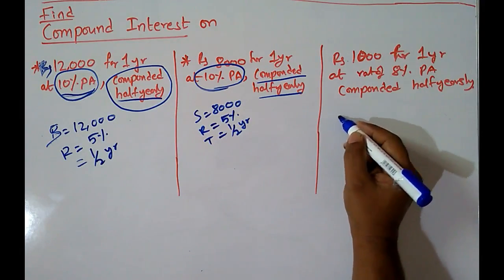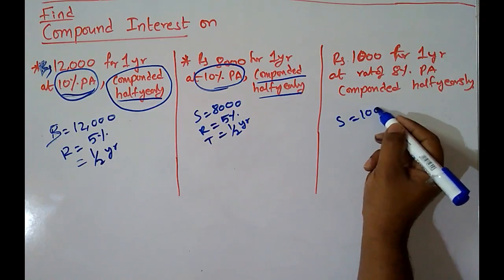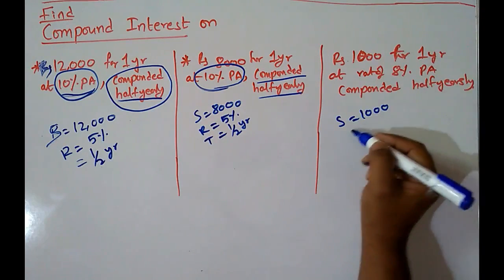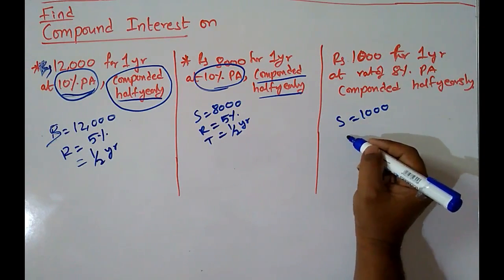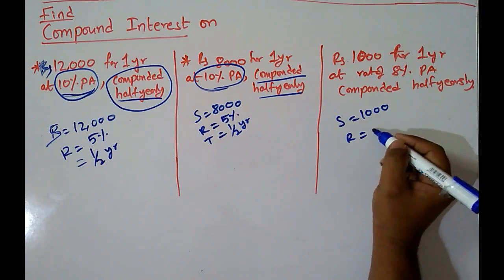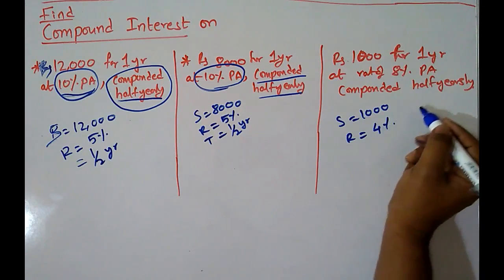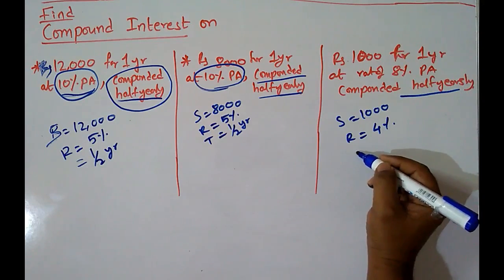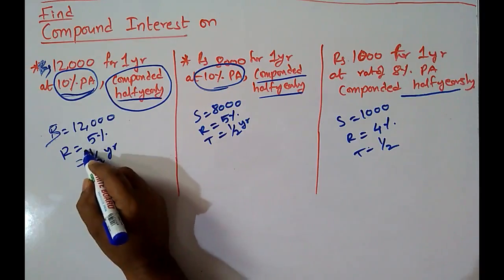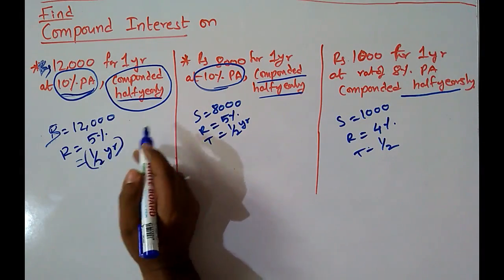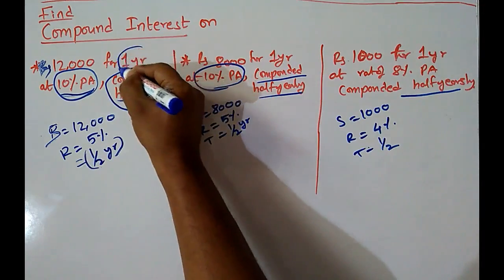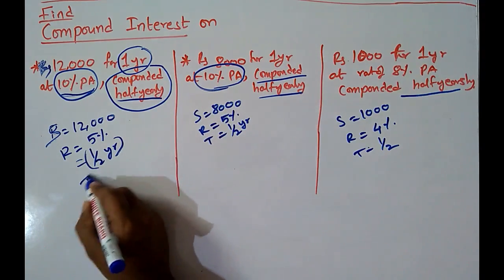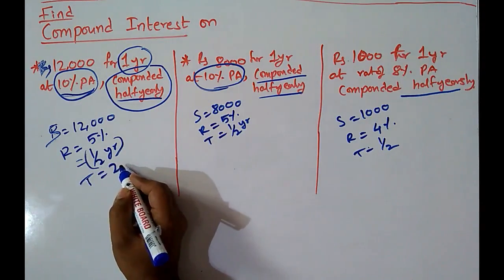The same way here the sum is 1000 for 1 year, the rate of interest is 8%, but you have to take it as 4% because it is compounded half yearly. Half yearly you are going to find, see, in 1 year how many half years are there? 2 half years, that you have to take as 2 times.